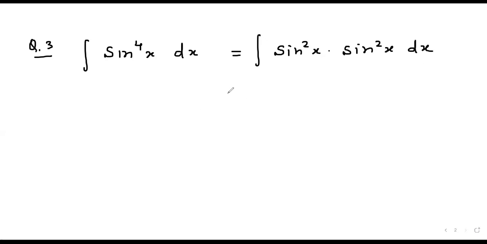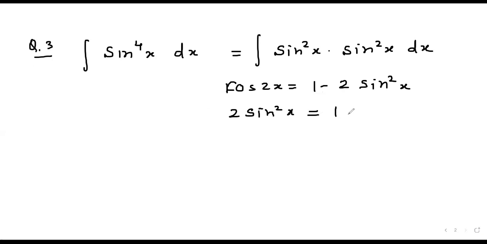If you remember, cos 2x in terms of sine is given by 1 minus 2 sine square x, from where we get 2 sine square x equal to 1 minus cos 2x, or sine square x equal to 1 by 2, 1 minus cos 2x.